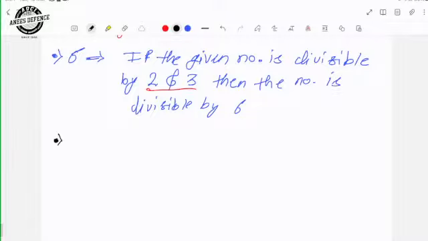So for 7, this is not the condition. 7 is a prime number, so for that there are some special cases. I will write down here what the prime numbers are.